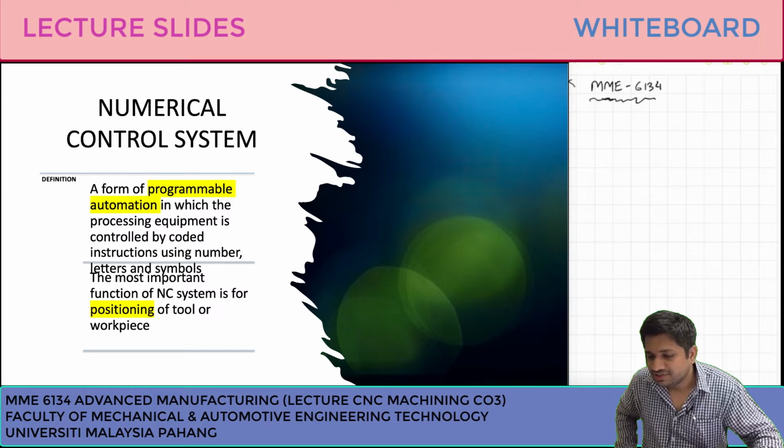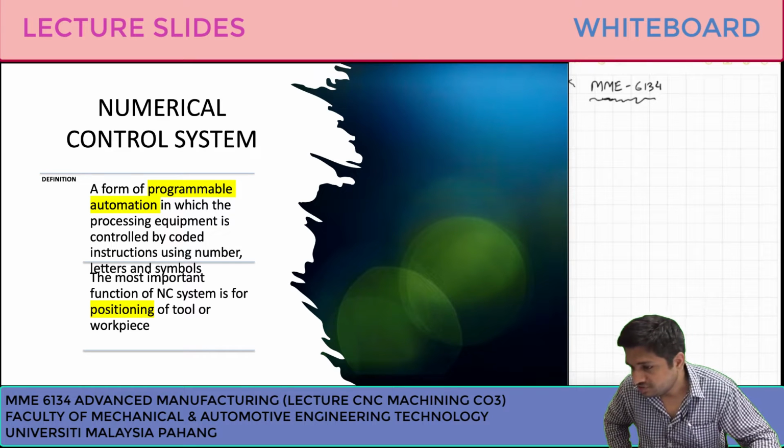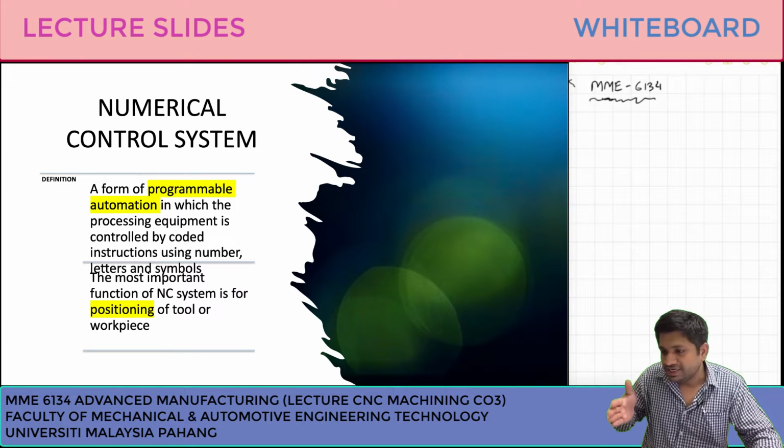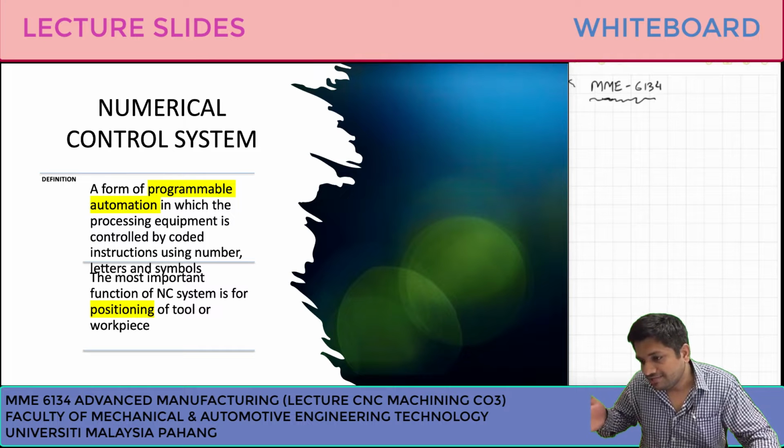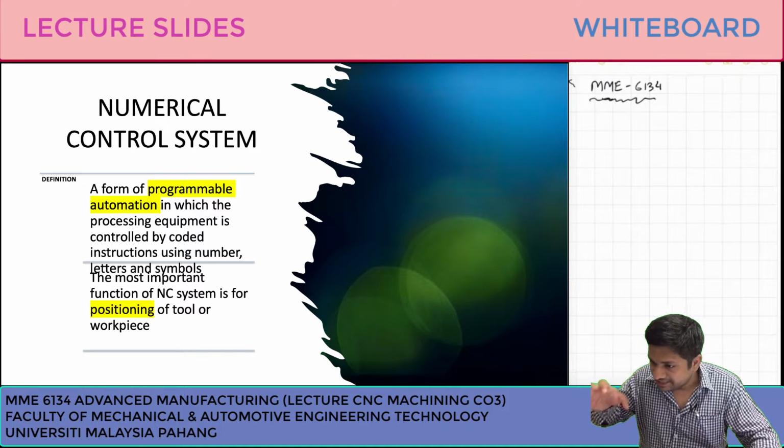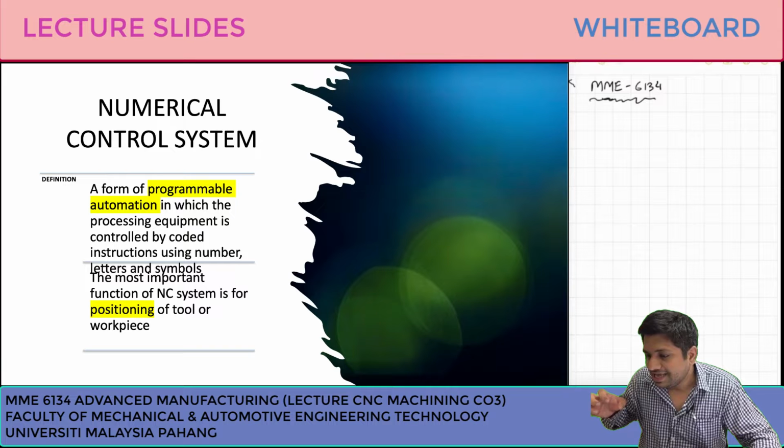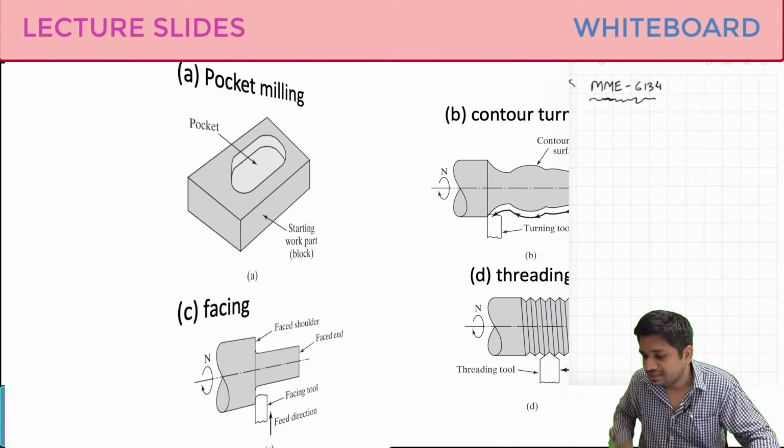So the most important function of an NC system is positioning of the tool, then translating it into the machine language, and then the machine interpreting the machine language and carrying out the tasks.